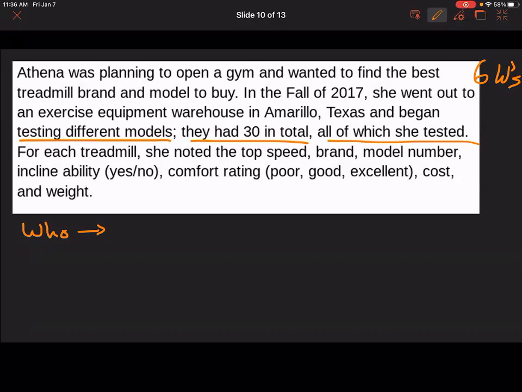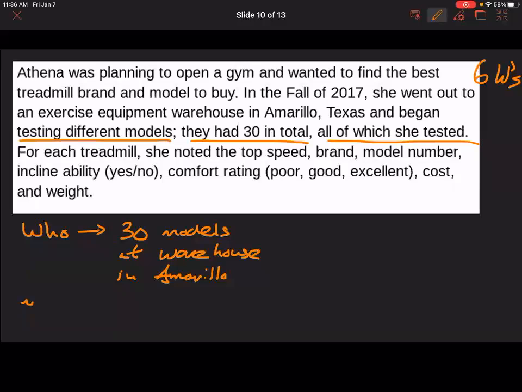So the who is the 30 different treadmill models at the warehouse in Amarillo, Texas. Those are the things, the group she's collecting information on.